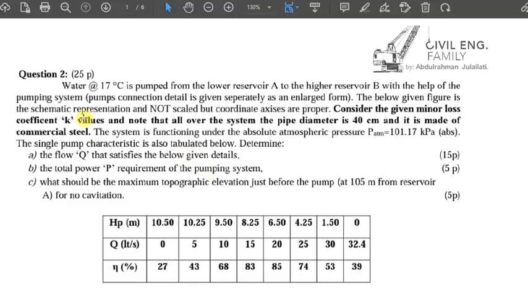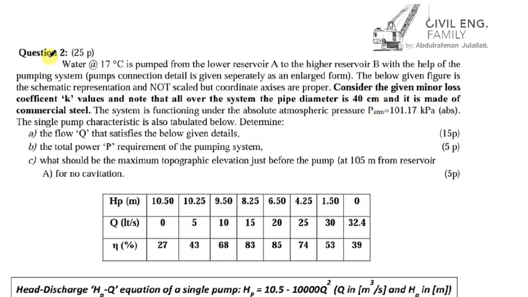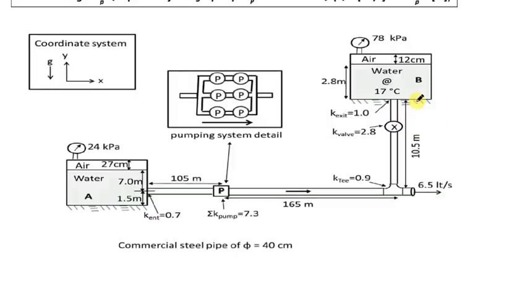Okay then, here we have another example. I wanted to solve it with you. This is a sample example. It says water at 17 degrees Celsius is pumped from the lower reservoir A to the higher reservoir B. This is the sketch.